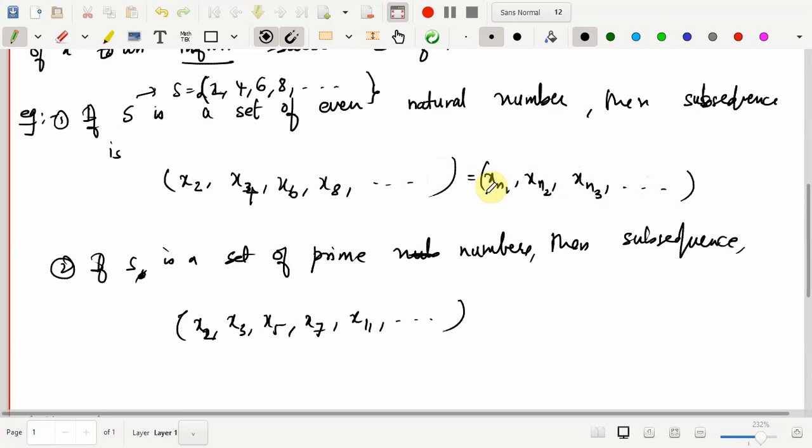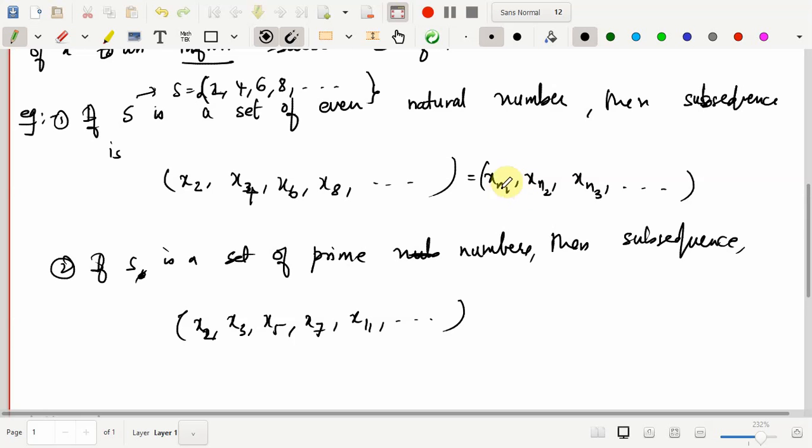When I say x_{n1}, it's the first element of the subsequence. x_{n2} is the second element, x_{n3} is the third element of the given subsequence, and it goes on. This k is moving from 1 onwards.